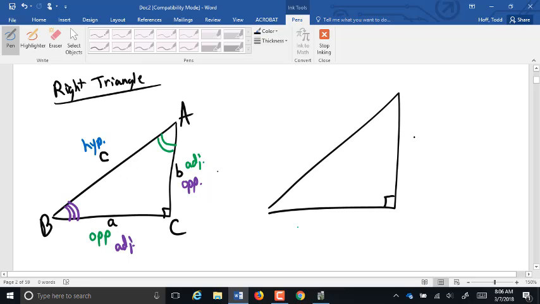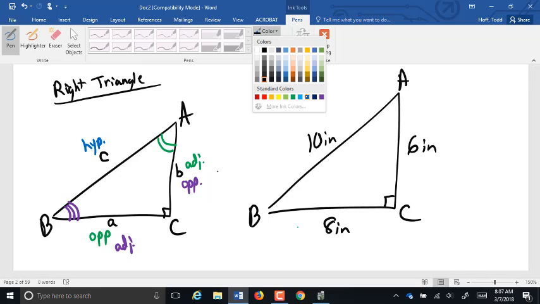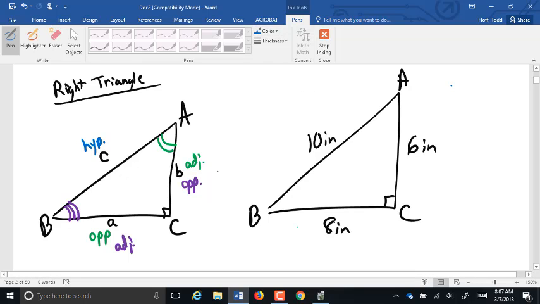So let's give you some sides here. If I ask you for the cosine of angle A, cosine is adjacent over hypotenuse. What's the adjacent side? Angle A is right here, isn't it? Adjacent is the 6.